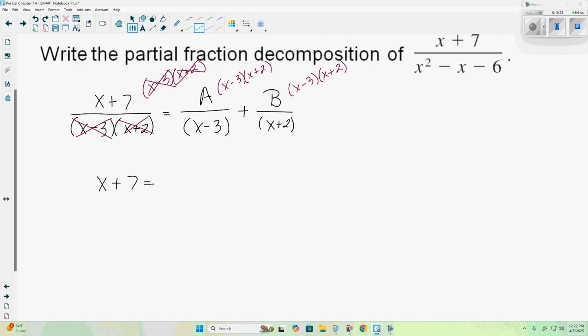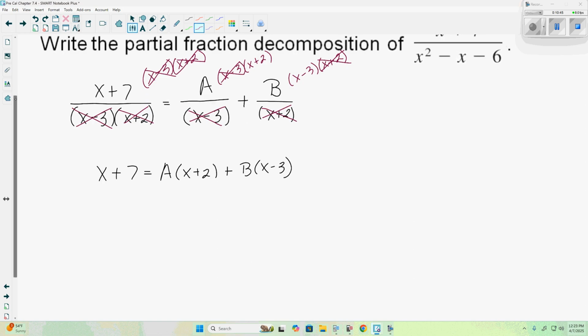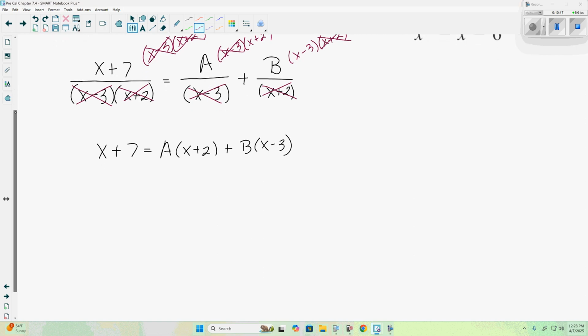That's all we got. On the right, the x minus 3 is going to cancel with the x minus 3, telling us that we have A times x plus 2, plus the B, the x plus 2 and x plus 2 is going to cancel, leaving us with B times x minus 3. Questions on this so far?